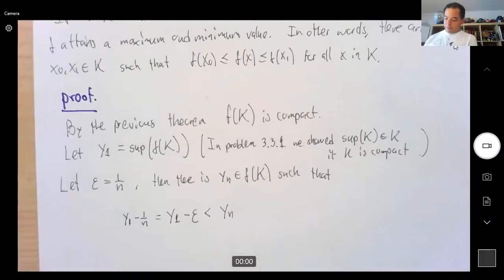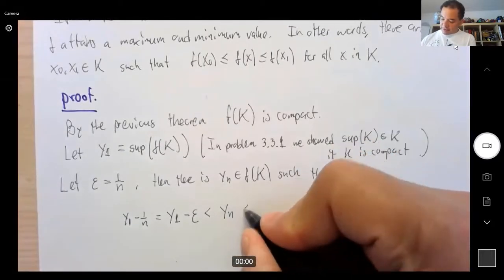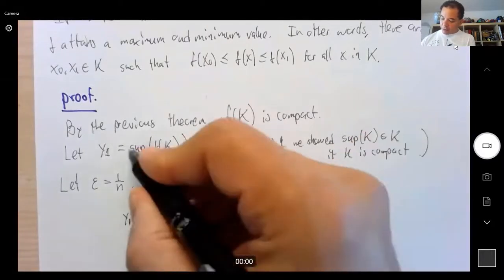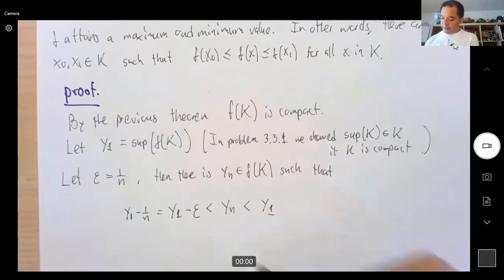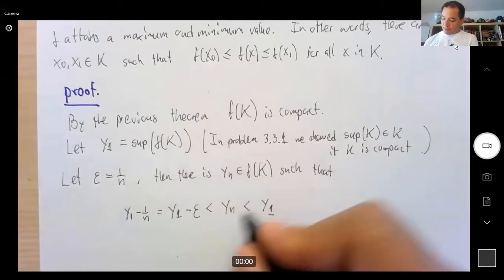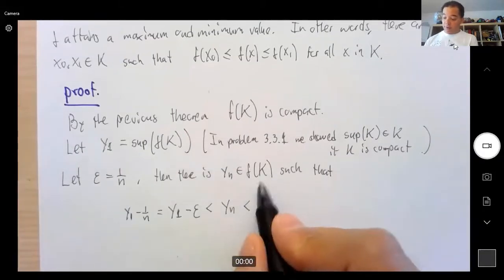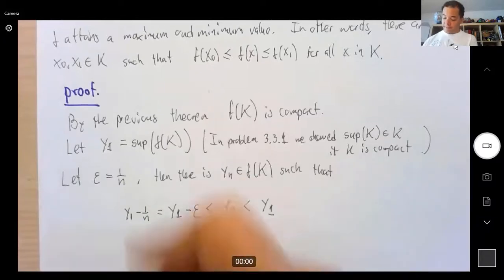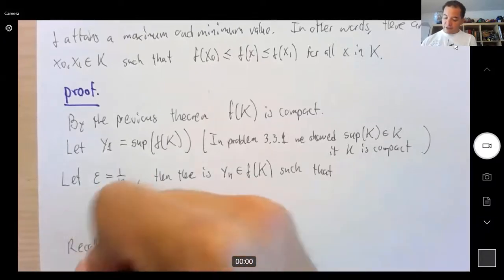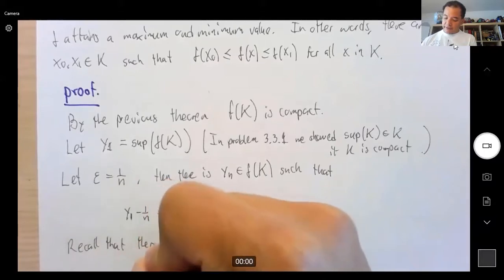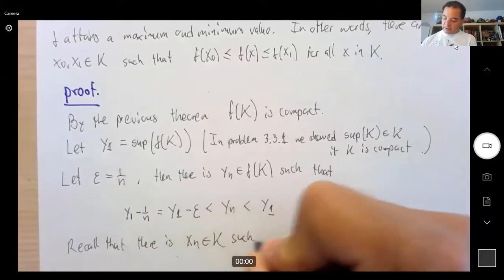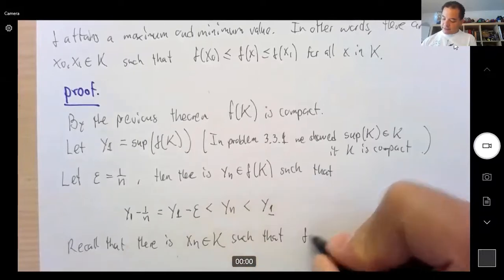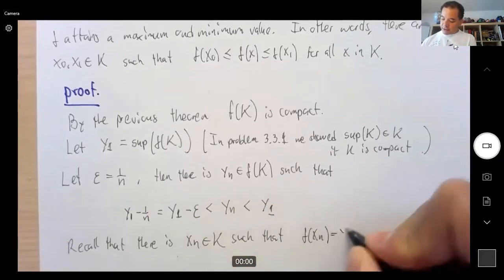But yn has to be less than y1 anyways, because y1 is the supremum. So let me add it to this inequality. Okay, so then what do I have? I have a sequence yn. Now remember, yn belongs to the image set, so yn is f of someone. So recall that there is xn in K such that f of xn is yn.